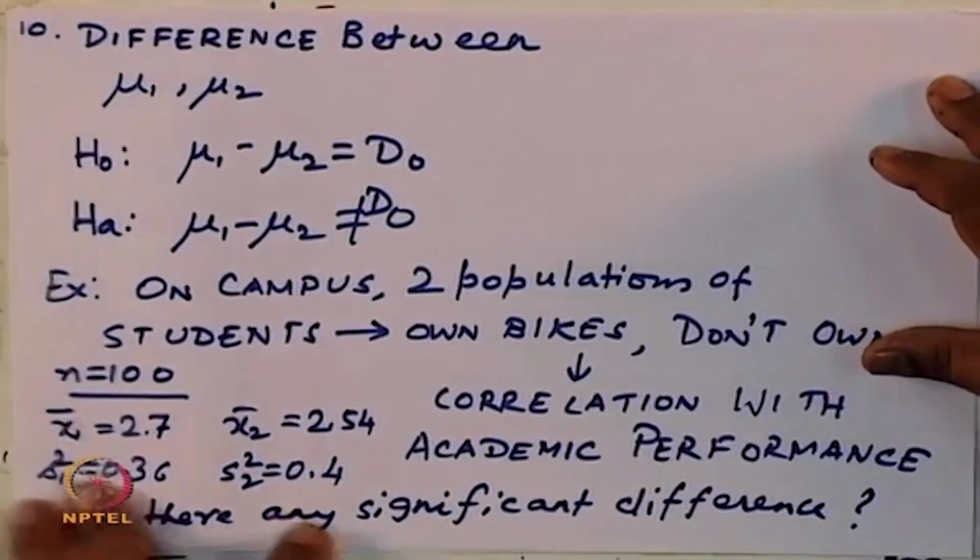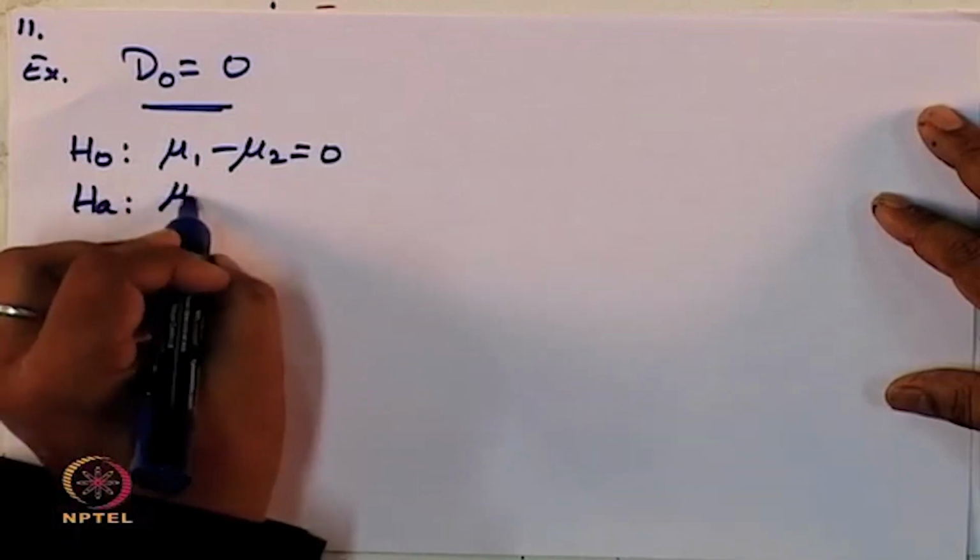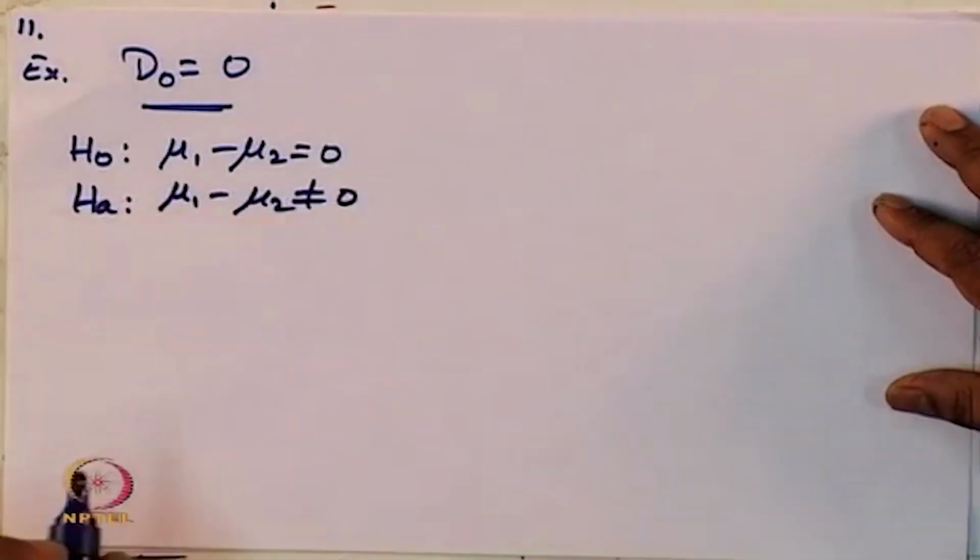Okay. So, for addressing this, you just want to know whether there is a difference in their academic performance or not, which means that in this particular case, in this example, we want to choose d naught equal to 0. So, your h naught is mu1 minus mu2 equal to 0 and h a is mu1 minus mu2 not equal to 0.